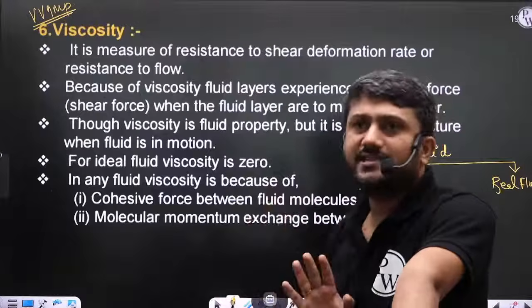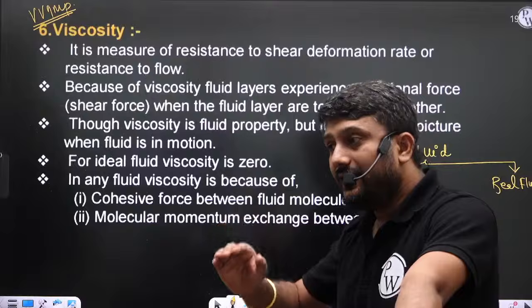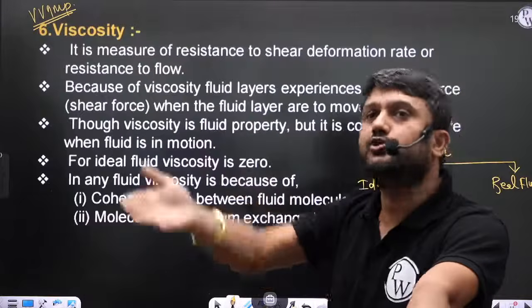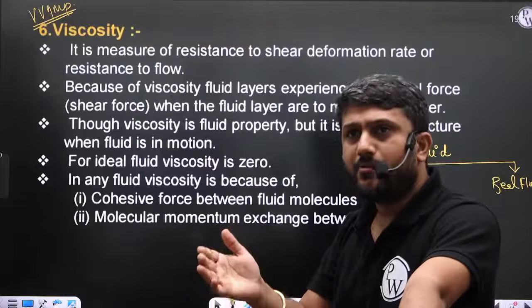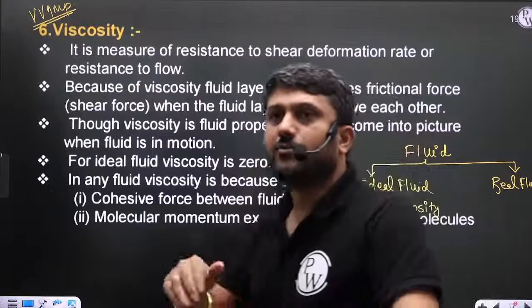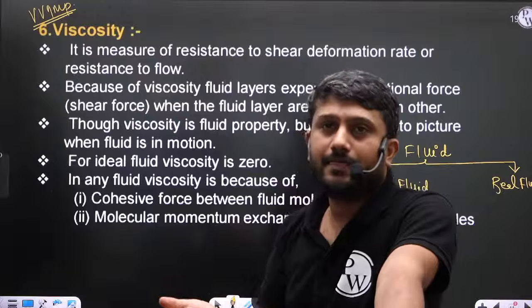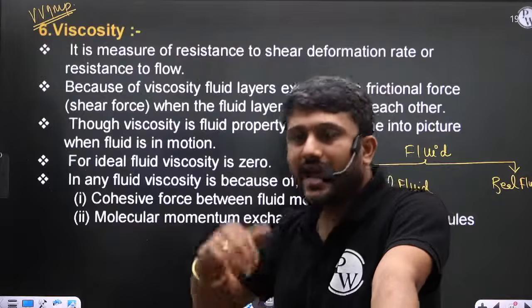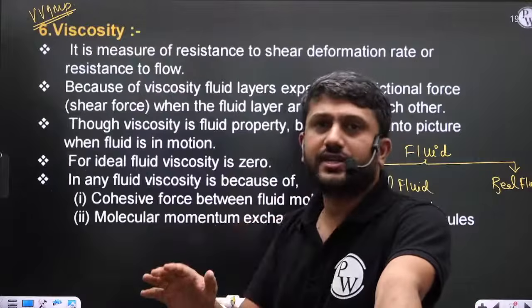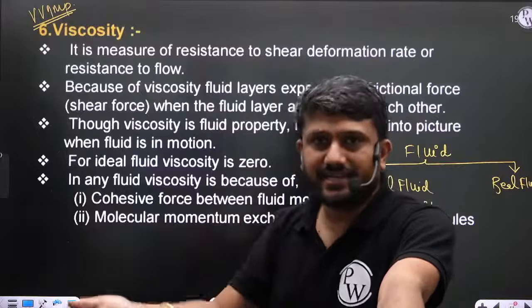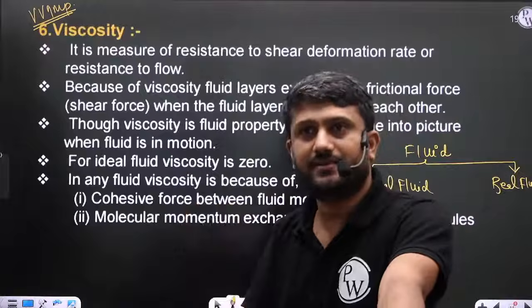Though viscosity is a fluid property, it comes into the picture only when fluid is in motion. Getting my point? And in the case of the ideal fluid, the viscosity is zero. There is no viscosity, that means it is inviscid, right?